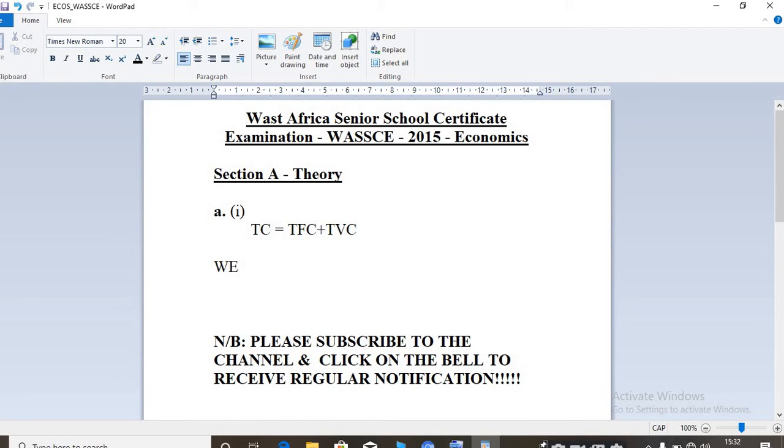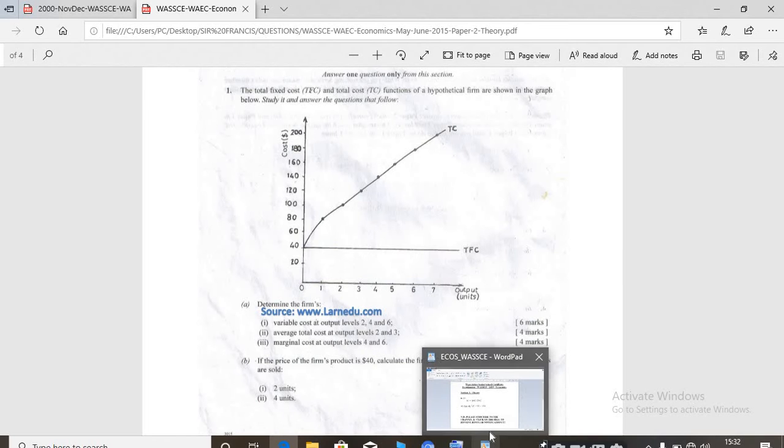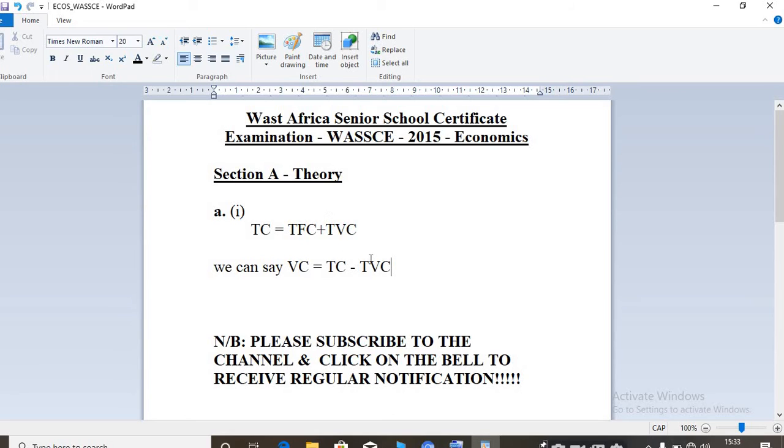So we can make a change of subject within this formula. Because total cost is equal to total fixed cost plus variable cost, and the graph gives us the total cost and the fixed cost, we can easily get the variable cost out of it by using what is known as change of subject.